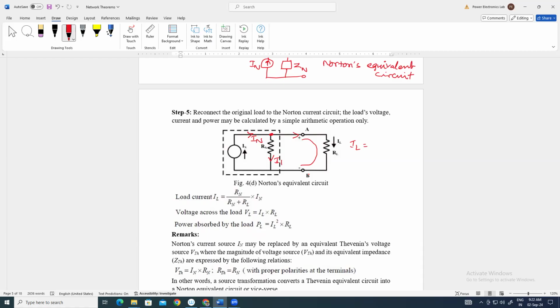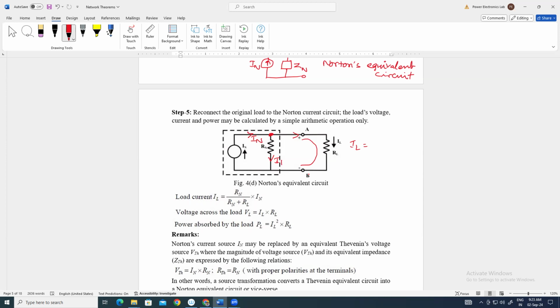If this is I1 and this is IL, and we apply KCL at this terminal, IN will be divided into two parts, I1 and IL.